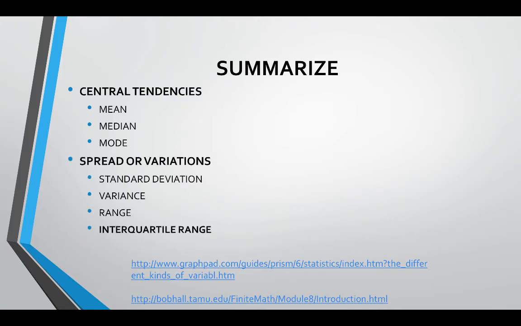And the spread of the variation depends on, like I said, your types of variable, but standard deviation, variance, range, and interquartile range as well. There are two sites that you can go to check out the definitions of all of them and when it is used. So I'll post this PowerPoint in the discussion section so you can take a look.